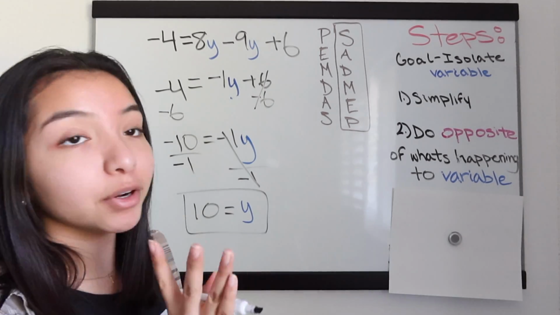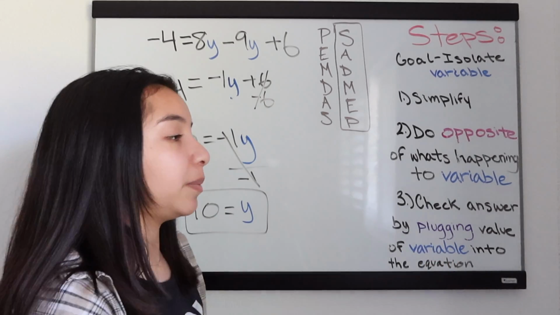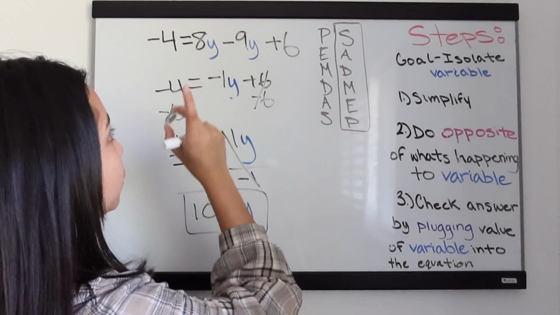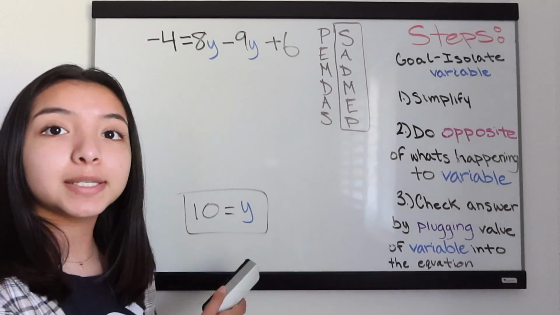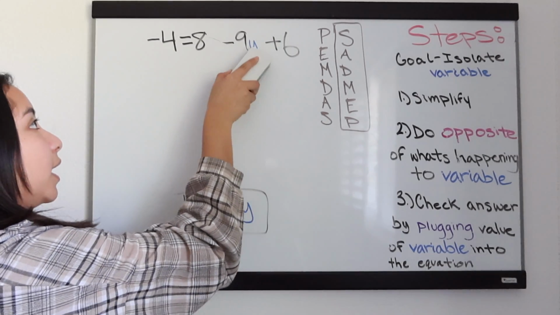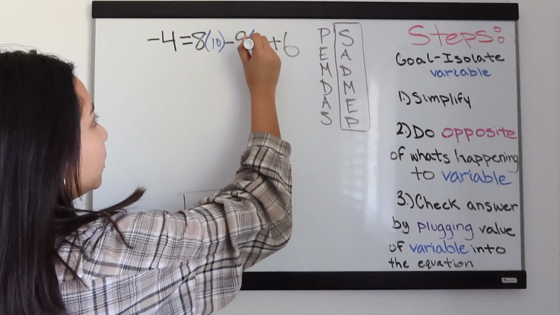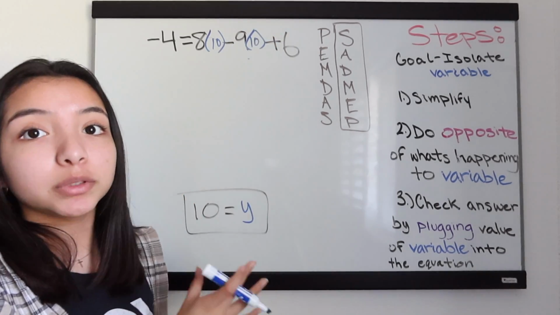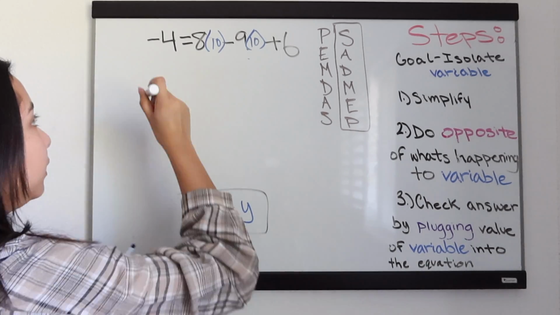Now, the third step is to check the answer by plugging in the variable into the original equation. So let's do that. Y is equal to 10, so we will be plugging in 10 for y. If y is equal to 10, then this statement should be true. So let's solve it.